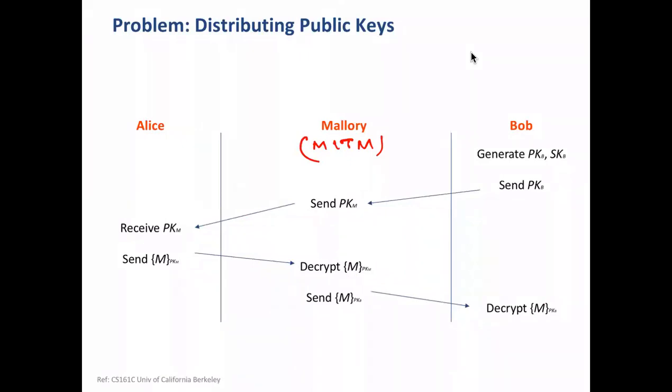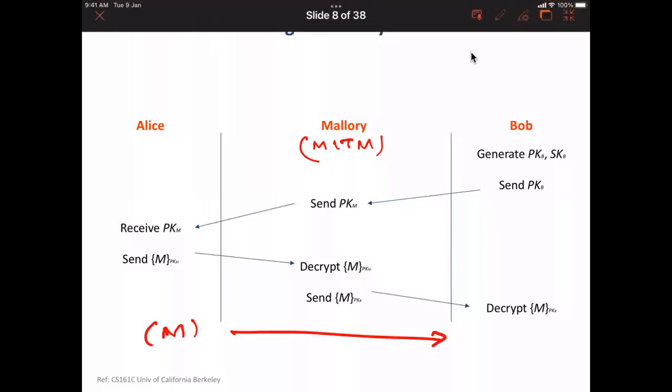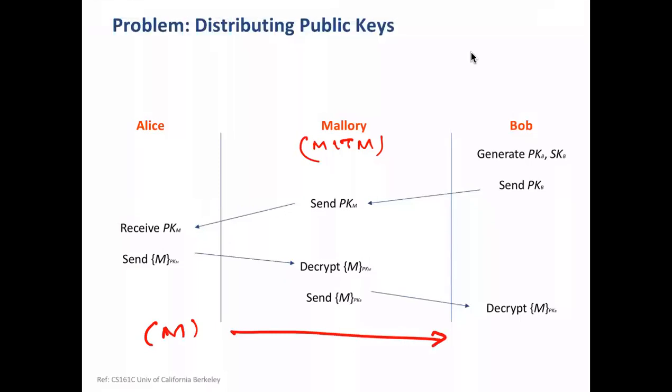So Alice wants to send a message M to Bob, and she is using asymmetric key encryption. In order to do that, she needs to know the public key of Bob. So she may request Bob, please send me your public key. So Bob sends the public key.